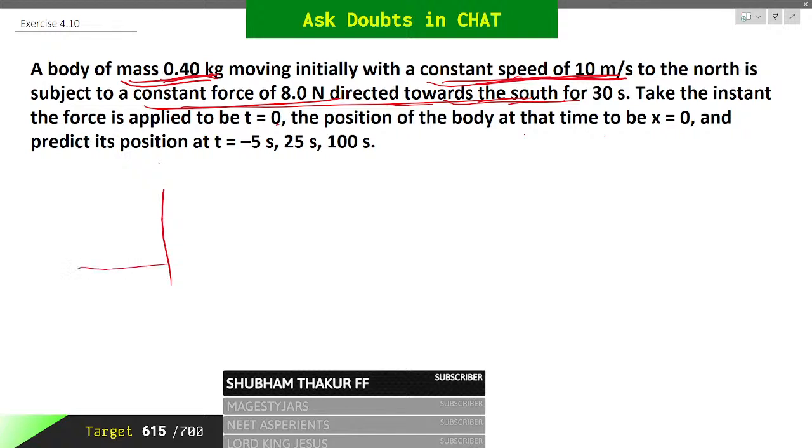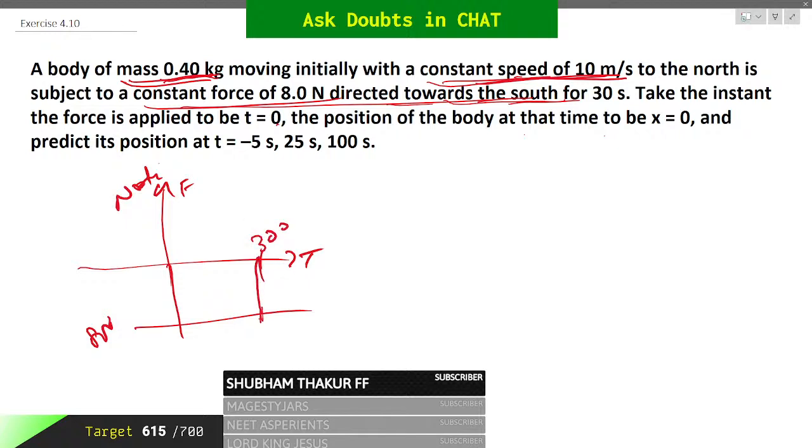So if we plot the force versus time diagram, taking this direction as north, the force of magnitude 8 Newton is acted for 30 seconds, and after that the force suddenly stops, and the body is moving with a constant speed.